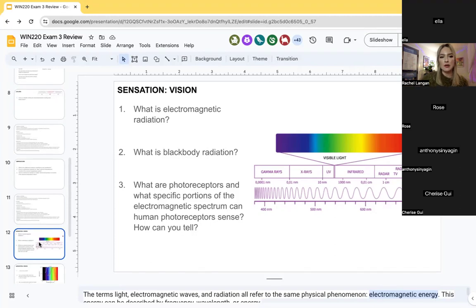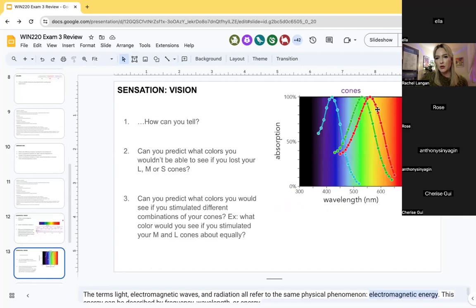What you need to know is the only range of wavelengths that we can see is the wavelengths that our cones can actually absorb, right? The reason why we can see those wavelengths is because we have pigments that respond to those wavelengths. If our photoreceptors do not create a response to the wavelength, then we're not going to see it, right? So that's kind of the answer to how can you tell.